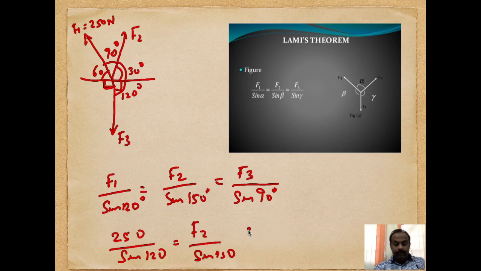So what is F2? Therefore F2 is equal to 250 divided by sine 120 into sine 150. Okay, the answer is, I'll write the answer here.